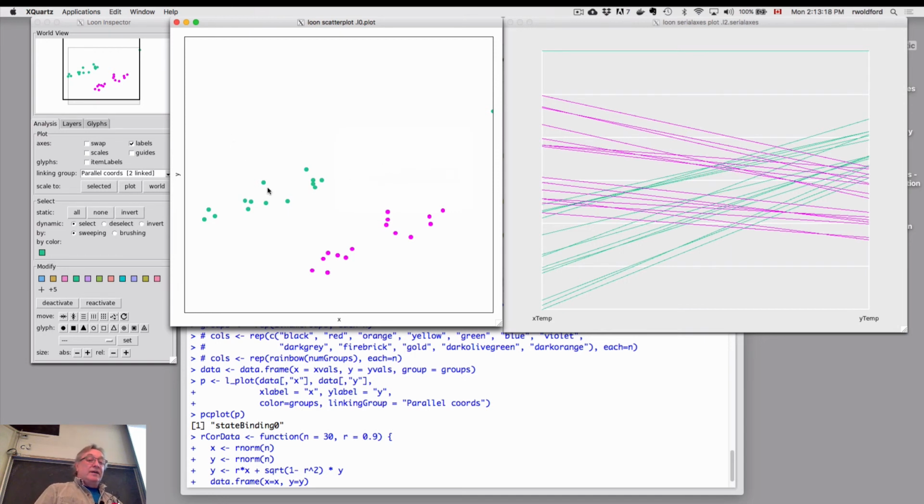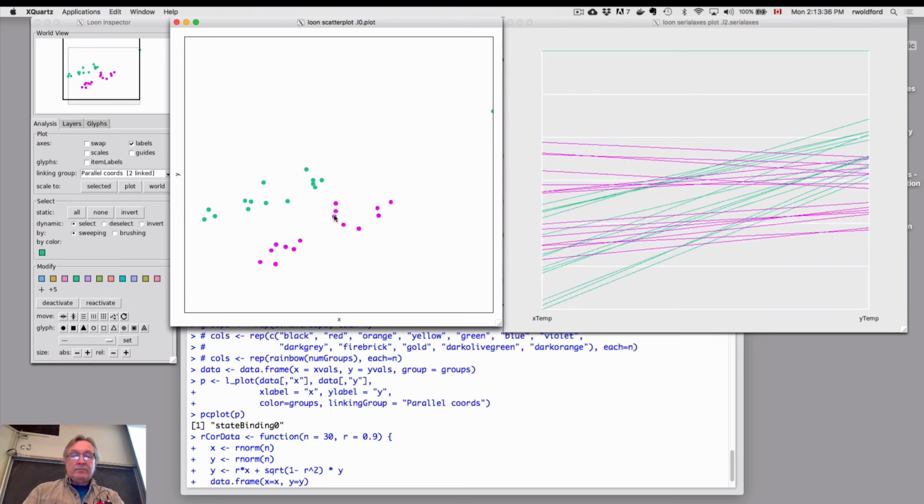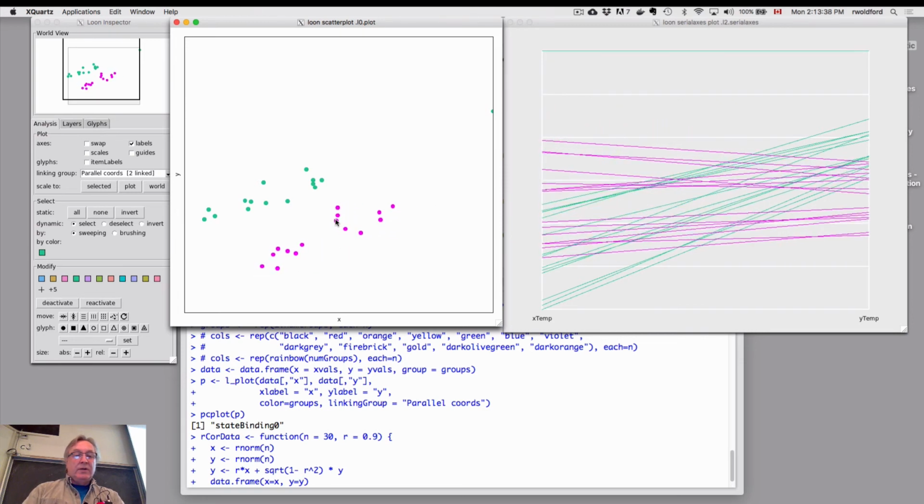Note also that if I look at this whole collection of points here, that's a negatively correlated group altogether, the way they're arranged, going down. I can move these a little closer, so it's negatively correlated as an entire group. And that's showing up here as this crisscrossing.